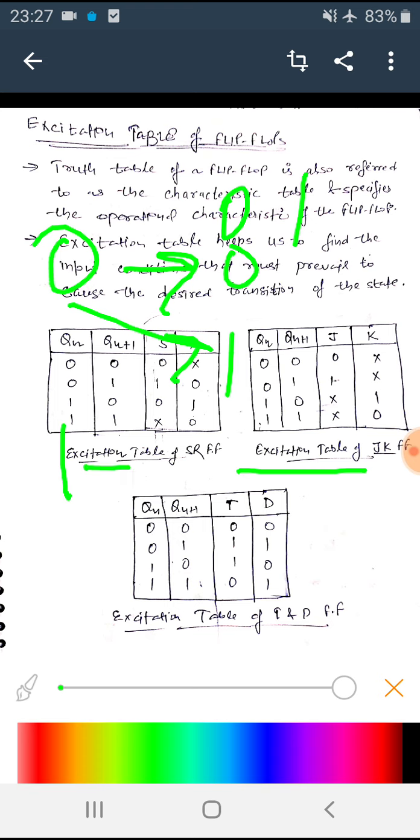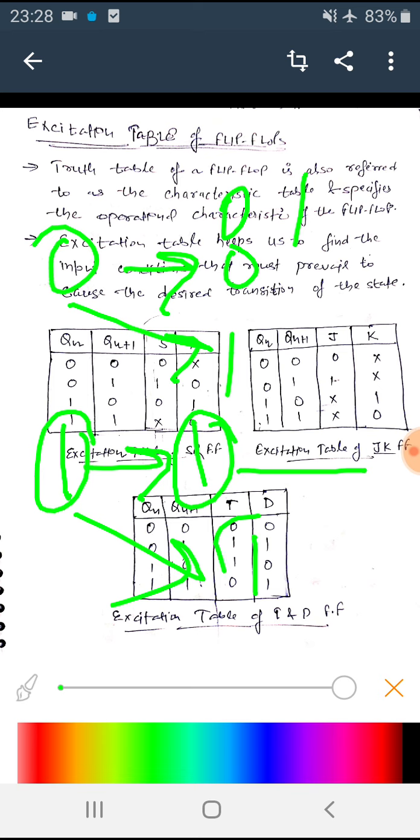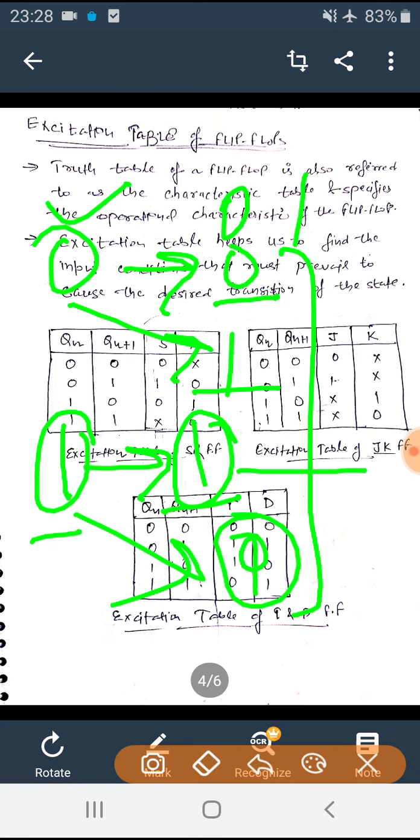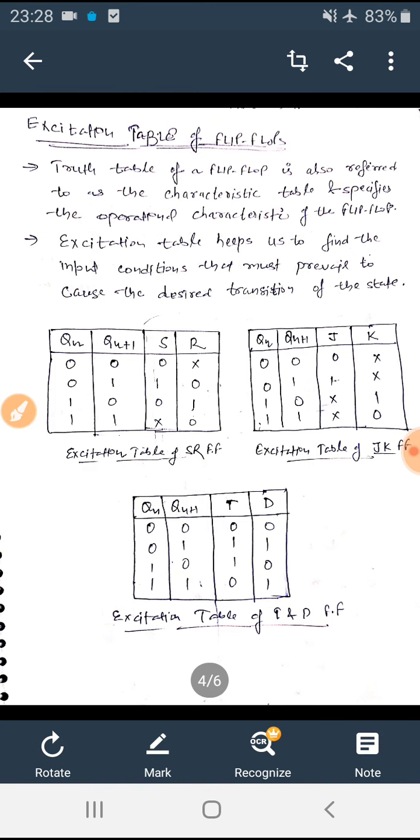If it was 1, it can remain in 1 or it can change to 0. So we have only these 4 combinations for all of the flip-flops. If the previous state was 0, it can change to 0 or 1. If the previous state was 1, it can change to 1 or 0. Okay, so this is how we can make the excitation table of flip-flops.